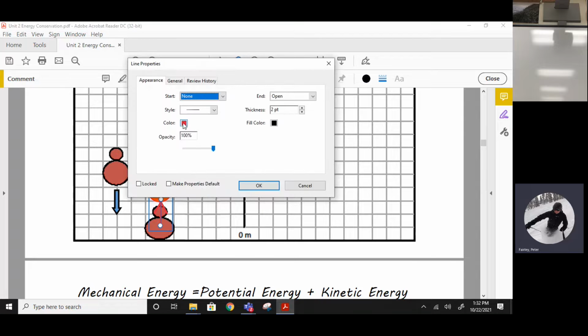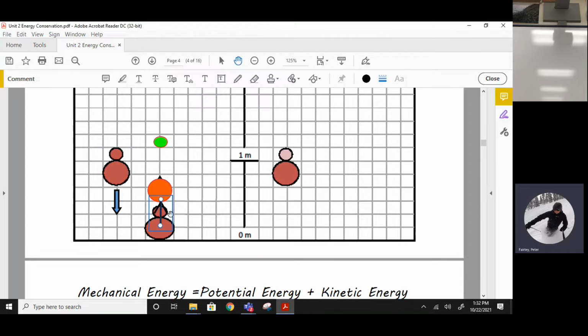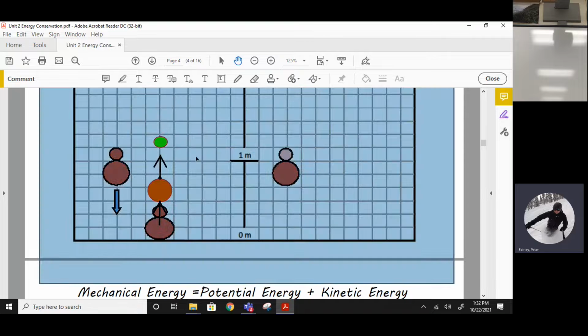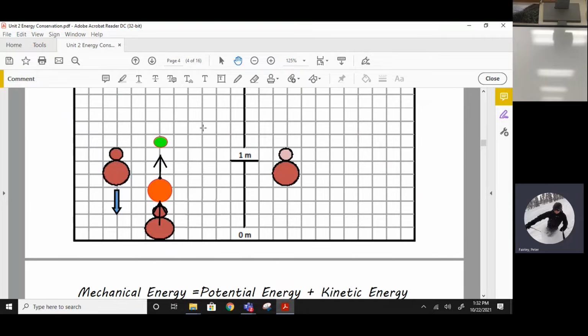Once again, I hit properties. There it is. Then I'm going to make a second arrow. Easiest way to do that is to copy paste. Remember, Control C, or if you have a Mac, Command C, will copy, and Control V will paste. There's my prediction, right?